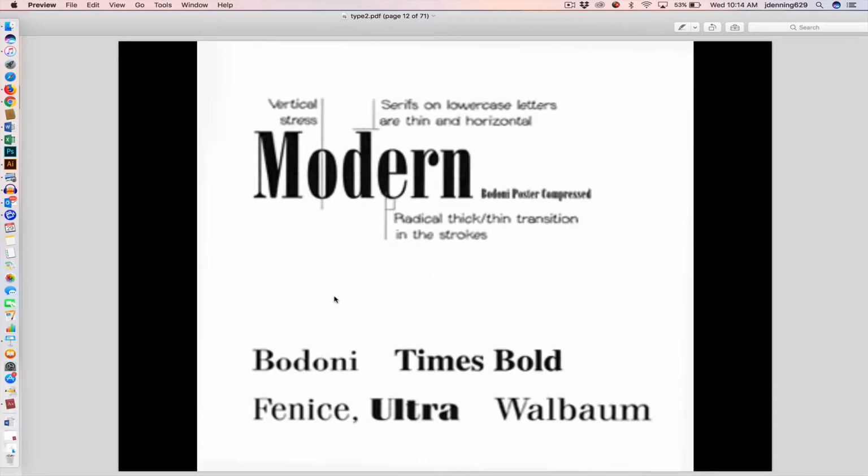Modern, this family, a lot of these fonts were invented during the time when a lot of mechanical inventions were being created. They're very cold and elegant. They have a striking appearance. And the reason they have this very striking appearance is because they have very strong, thick, thin transitions. Notice that O there, where the thickest part is much, much thicker than the thinnest part.